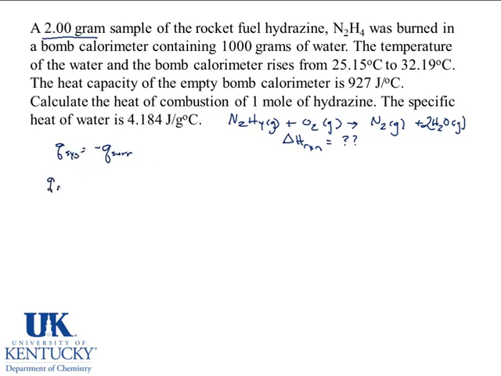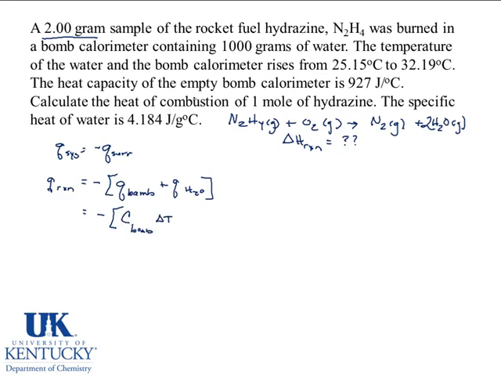Now the system is my reaction, so that's what I'm going to determine, the heat of the reaction. The surroundings is made up of 2 things. You've got your bomb calorimeter, that says BAM, but it's supposed to be bomb. And you've got your water that surrounds the bomb calorimeter. The bomb calorimeter can be further broken apart into the heat capacity of the bomb times a change in temperature, and that's given to me.